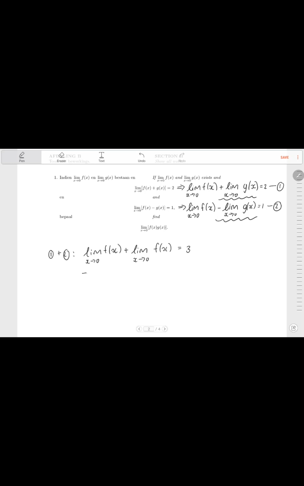Then I can write this as the limit as x approaches 0 of f of x plus f of x, because the sum of the limits equals the limit of the sum.